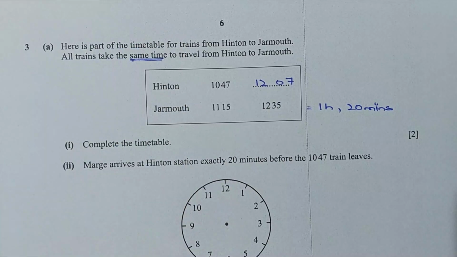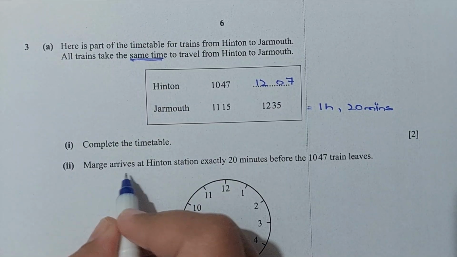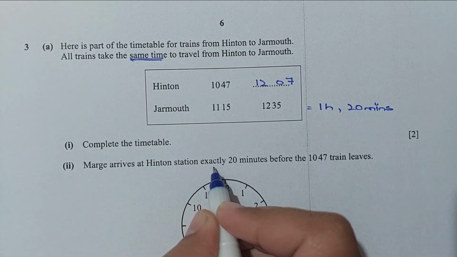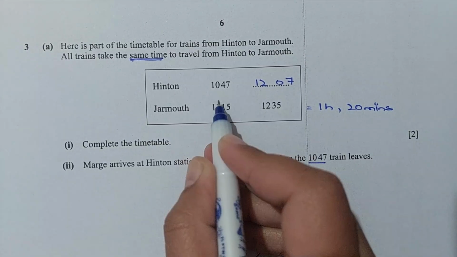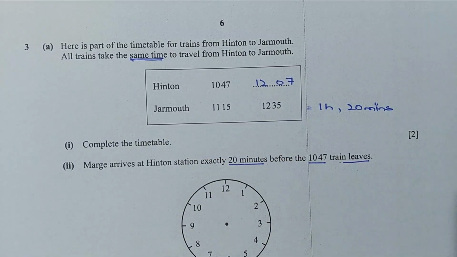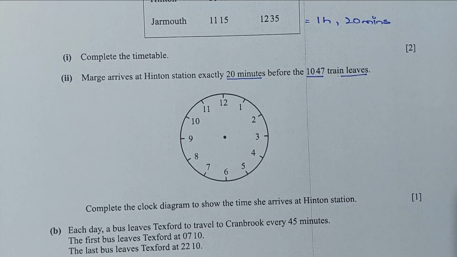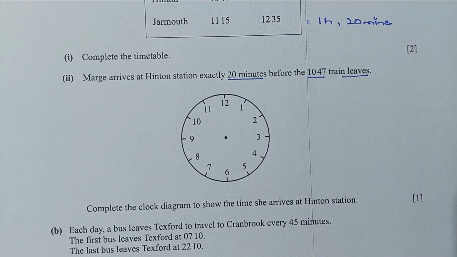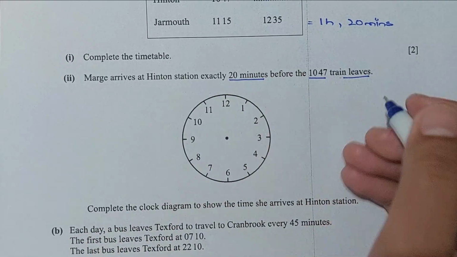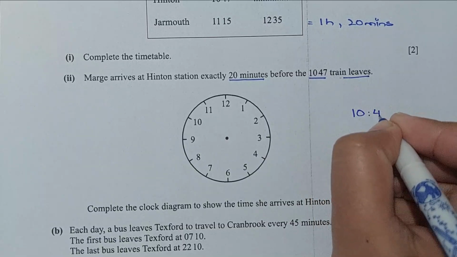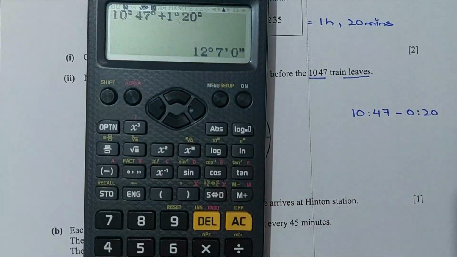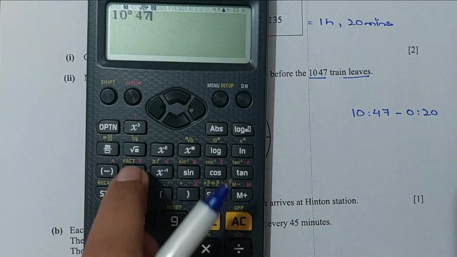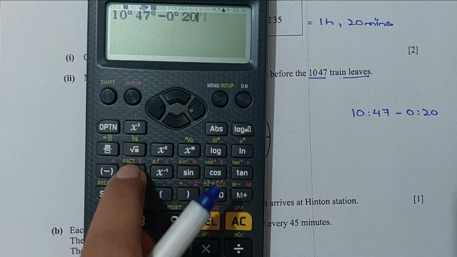Second part. Margie arrives at Hinton Station exactly 20 minutes before the 10:47 train leaves. Complete the clock diagram to show the time she arrives at Hinton Station. 20 minutes before. So in 10:47 you have to subtract 20 minutes. 10:47 subtract 0 hours and 20 minutes.